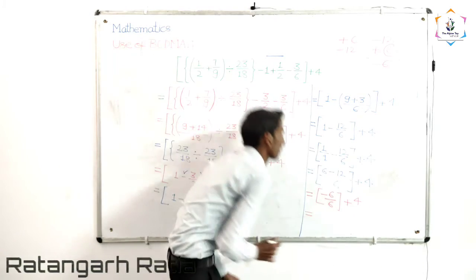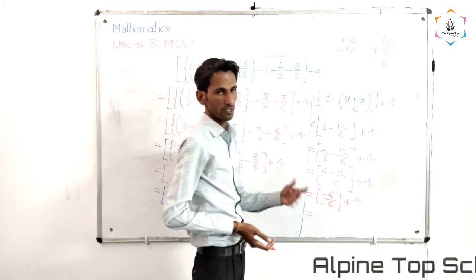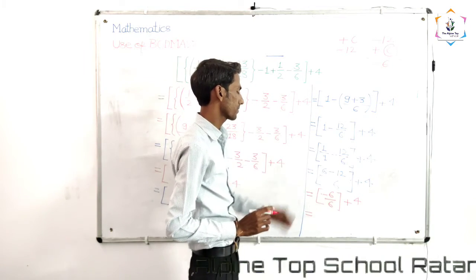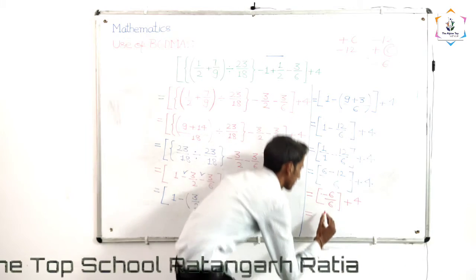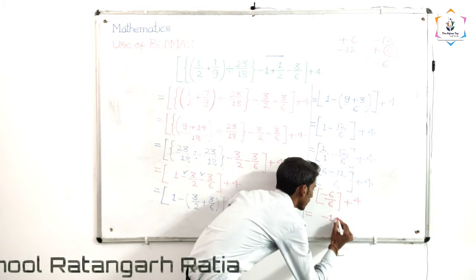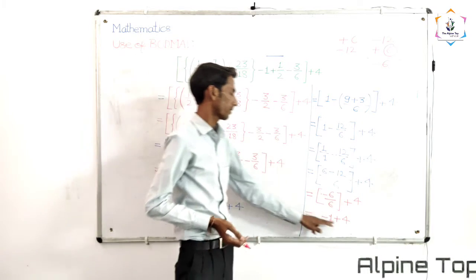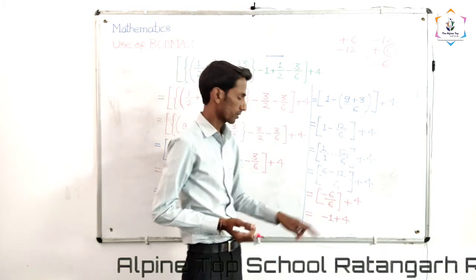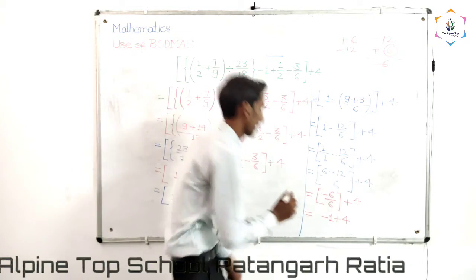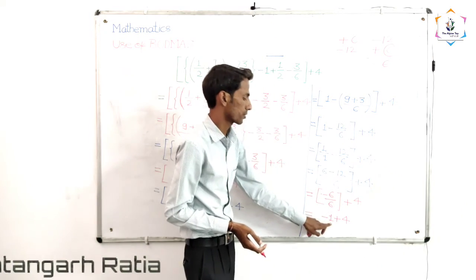Dear students, whenever you divide 6 by 6, obviously you will get 1, but here is a negative sign. It means whenever you divide minus 6 by 6, you will get minus 1. Again I am getting two integers which have different signs. Obviously without the sign 4 is greater, and having a positive sign, it means the answer will come in positive, and the smaller number we have to subtract.